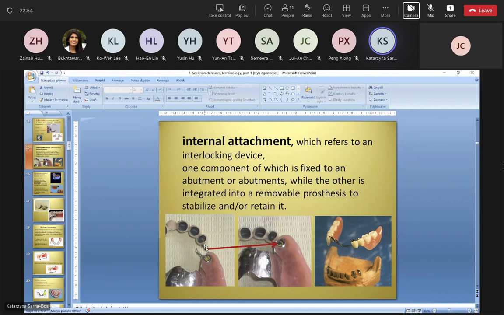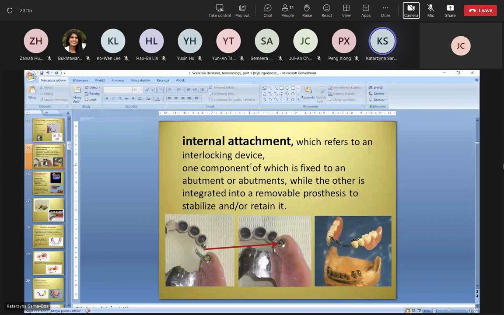As you see, we have a ball and a hole, and they fix together, as you see here. Thanks to it, such an element provides retention, and it is much more aesthetic than the clasp device.